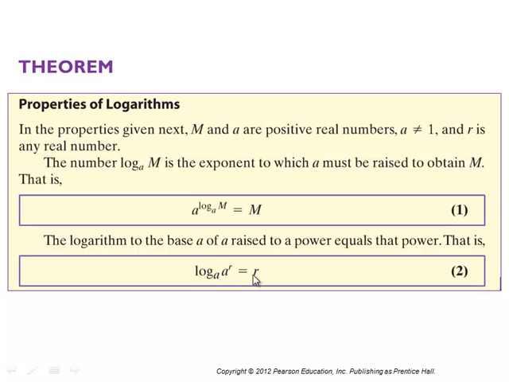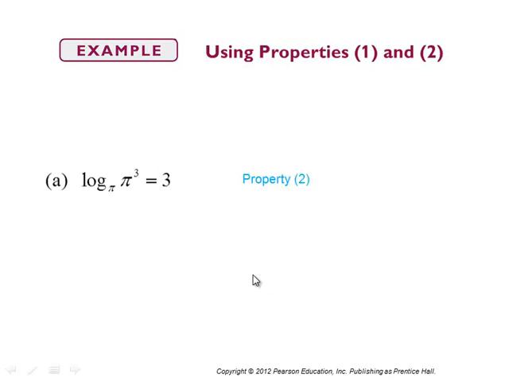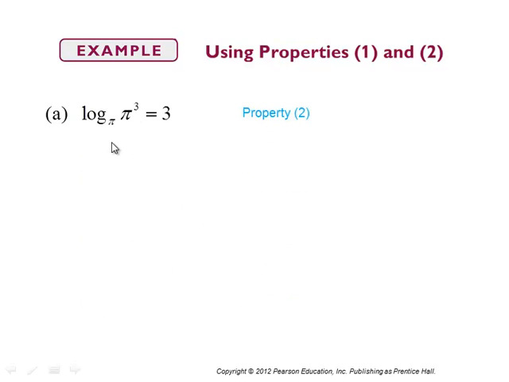So r times 1 is r. So if you have log base pi of pi cubed, well, that's going to be 3. This whole thing is equal to 3 because of the composition of the log with the exponential.